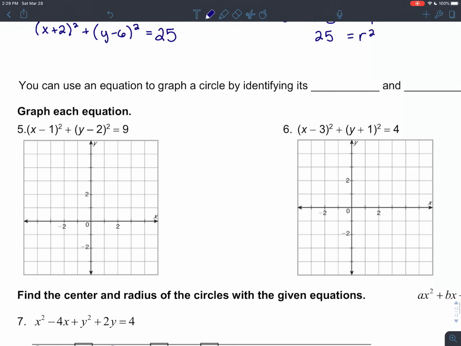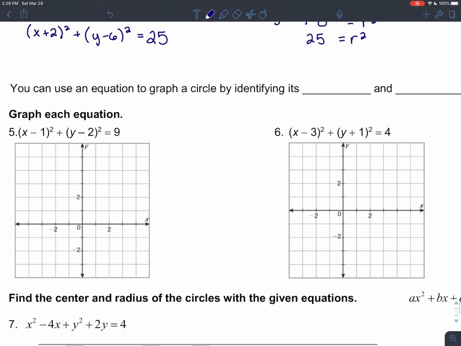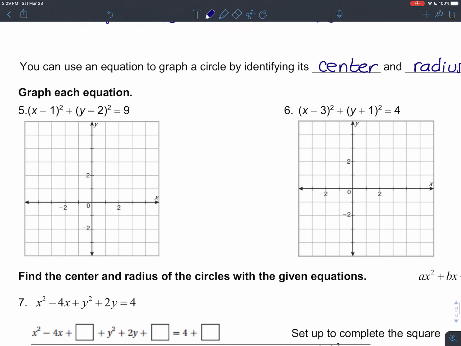And you can use an equation to graph a circle by identifying its center and its radius. So in this first question, number 5, the center, we're going to be looking here and here. So for the center, we're going to take the opposite of each one of those. So it's going to be positive 1 and positive 2.